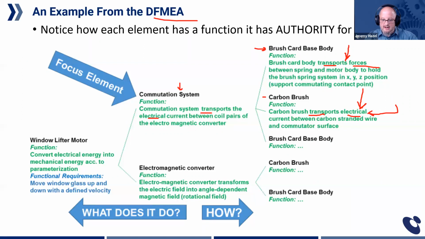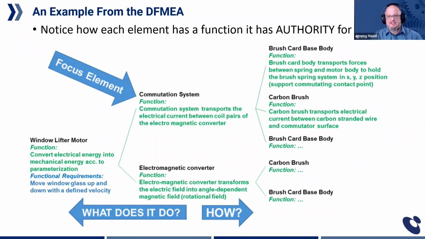But notice the carbon brush transports electrical current between carbon stranded wire. This one transports current between coil pairs. They are still unique. The electromagnetic converter transforms the field into angle dependent energy, and the window lifter motor converts energy to mechanical. So coming back to my first rule, did we violate any of rule 1? Is each function unique? Yeah, they didn't duplicate functions.